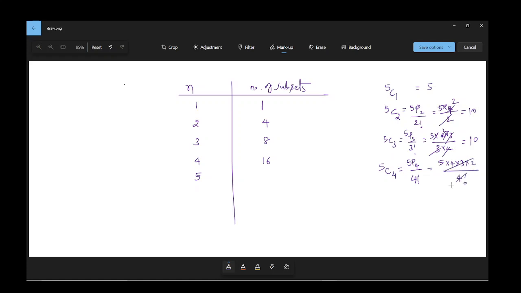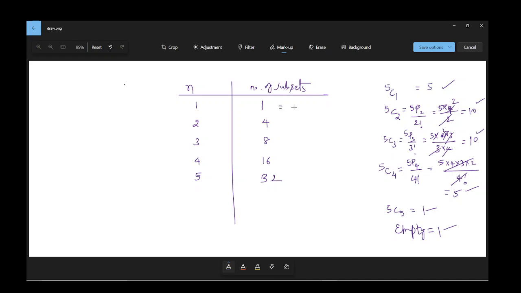We can cancel this 4 factorial, thus we will get 5. 5C5 is 1, and we have the empty relation, which is 1. So totally we have 5 plus 10, 15, 15 plus 5, 25, 25 plus 5 is 30, 31, 32. So for 5 it is 32.